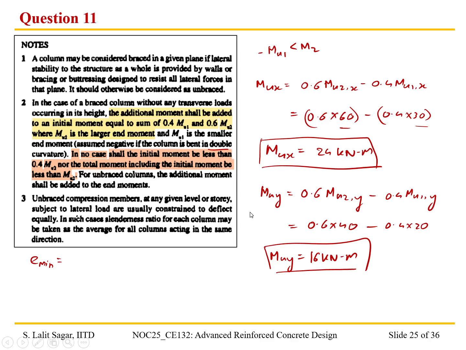We need to consider the e min along the x-axis, that is L by 500 plus B by 30, that is 7500 divided by 500 plus 400 by 30, which gives me a value of 28.3.